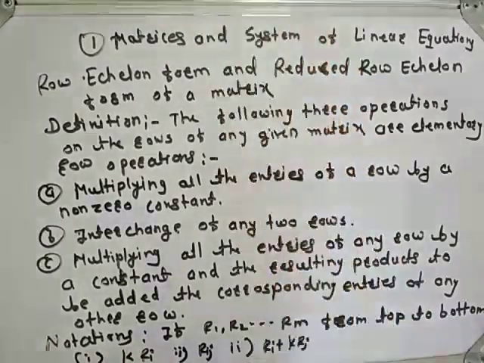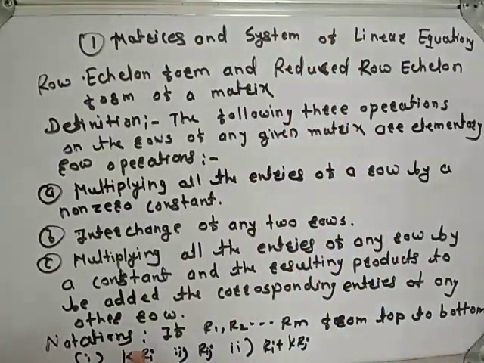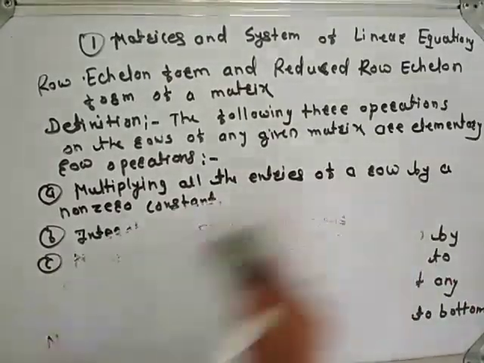So if R1, R2 and so on Rm are rows of a matrix, then we can perform a row operation k into Ri, interchange of rows, and Ri plus k into Rj.